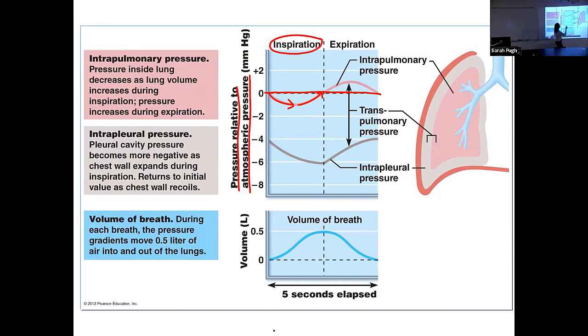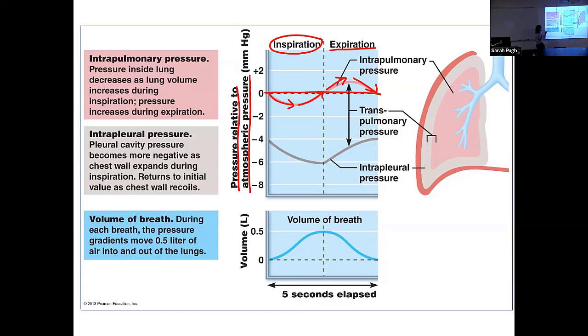When you are expiring, when you're blowing out, the pressure in your lungs goes up, right? Everything's relaxing. It's squeezing back on the lungs. Pressure goes above atmosphere. Air goes from high in the lungs to lower out in the atmosphere. So you blow out. It also will eventually get back to atmosphere and equal 0.